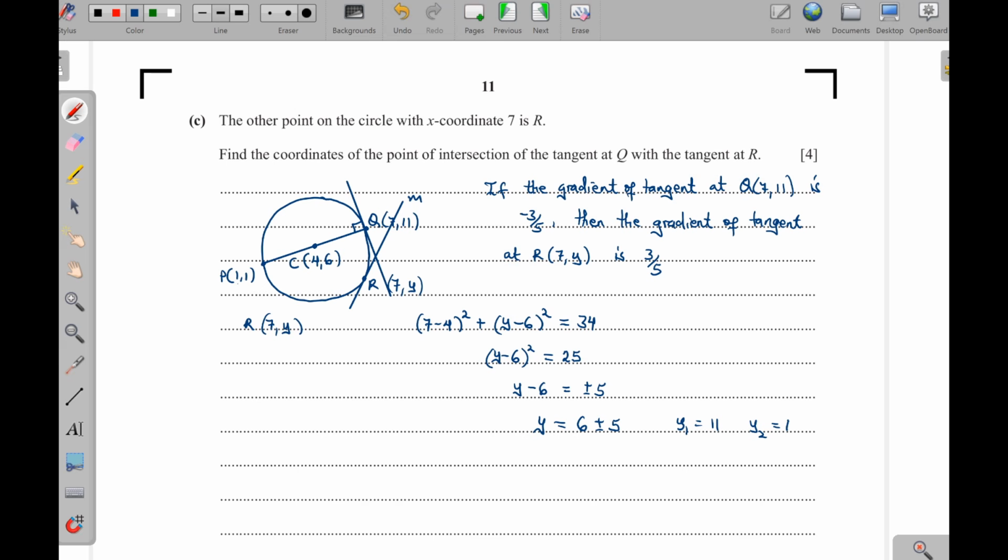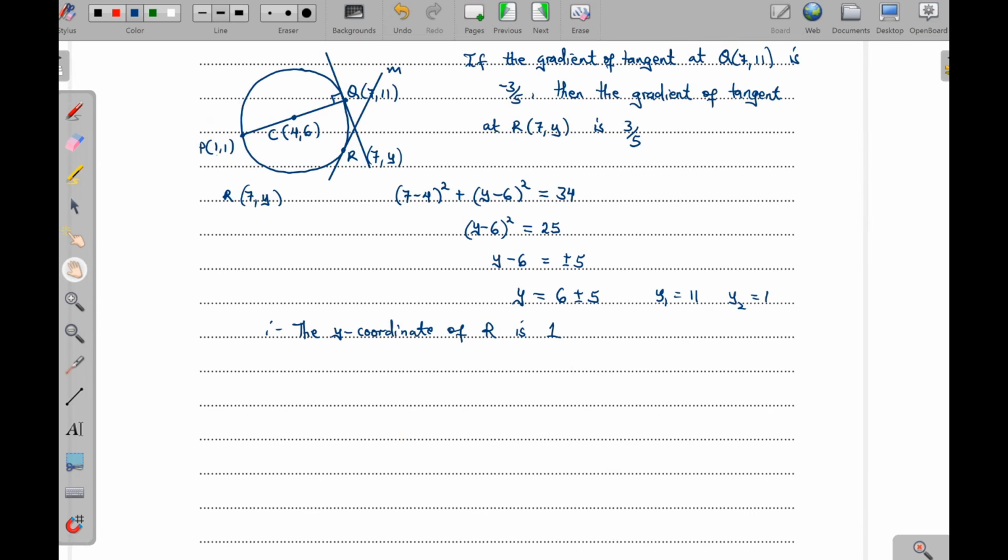Then you get a 1. So since 11 is already here, then the y coordinate of R has to be equal to 1. Therefore, the y coordinate of R is 1. Now we are going to find a gradient, okay? Gradient of R.